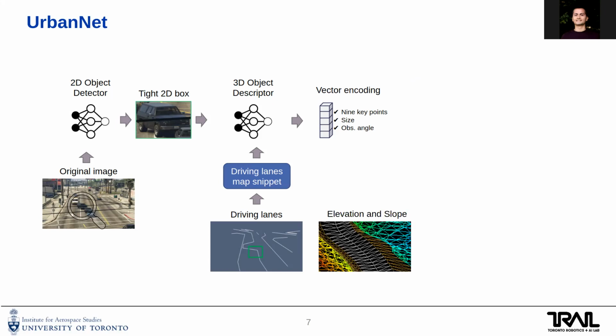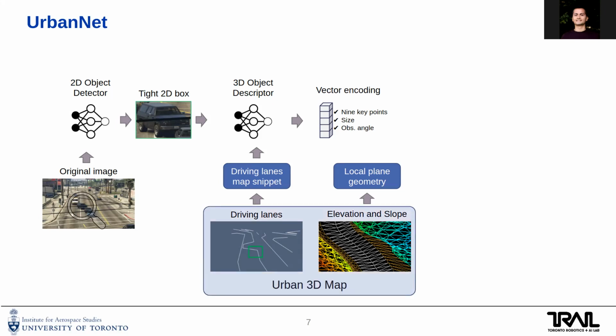We also have the elevation and slope of the scene in map coordinates, and from there we extract the geometry of the local plane that is right below the vehicle.